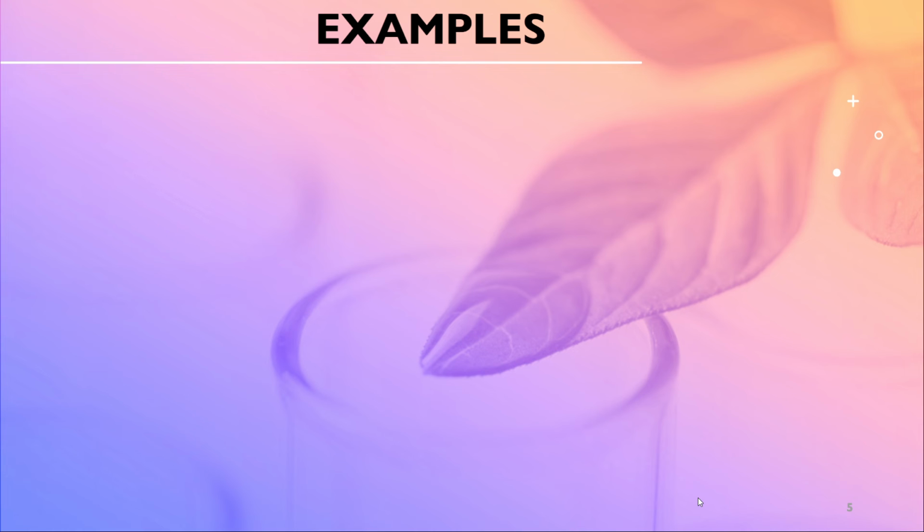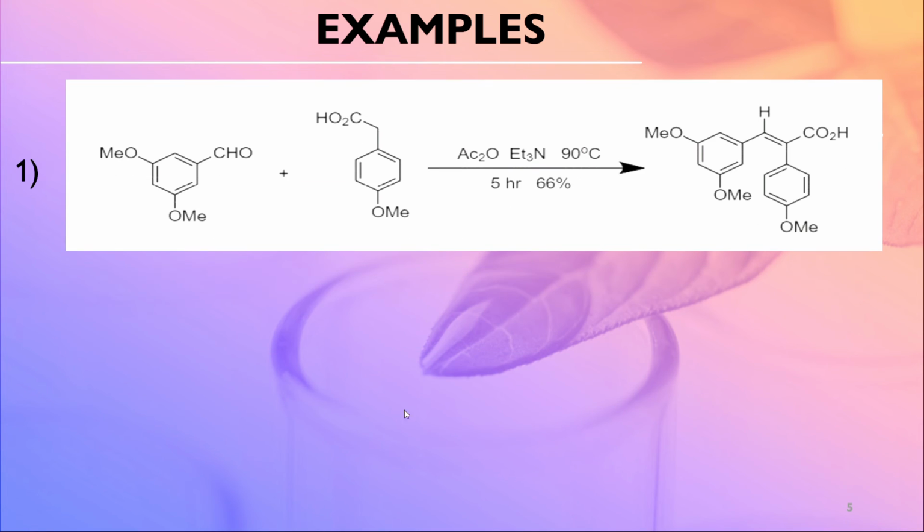Now we take one example. First example, you can see this. If we take 3,5-dimethoxybenzaldehyde, it will react with Ac2O.